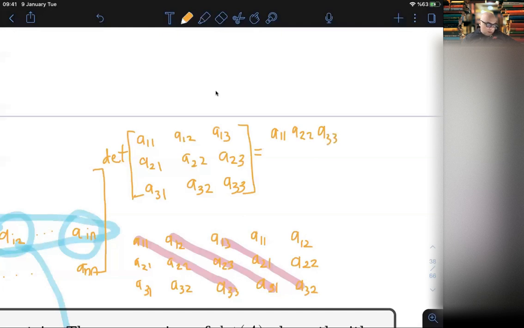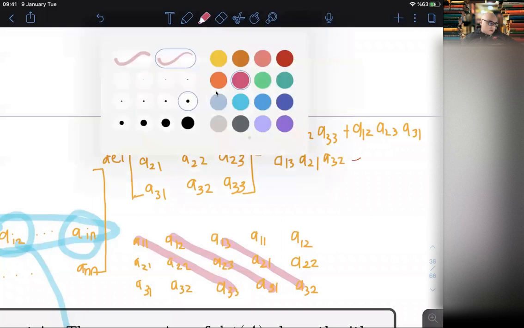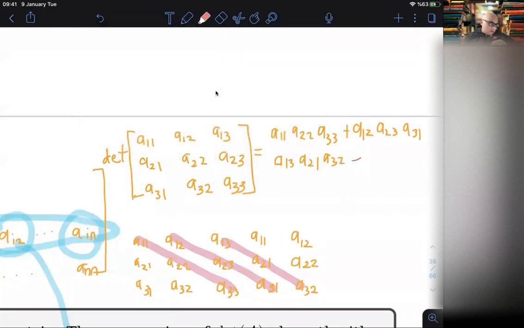Then the second one is again a plus sign: A12, A23, A31. And then the third one is A13, A21, A32. Okay, these come with the positive sign.